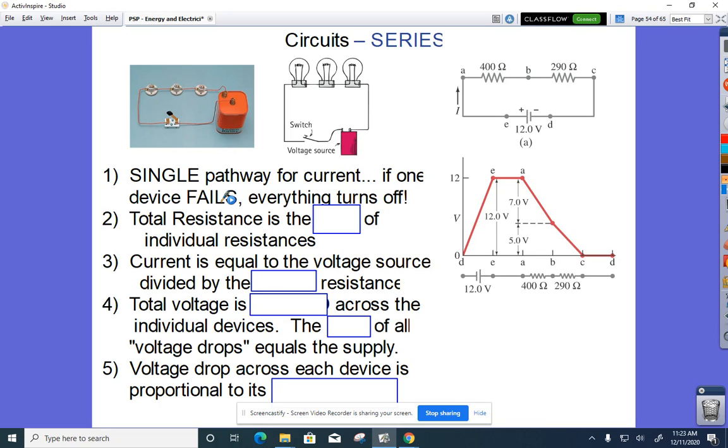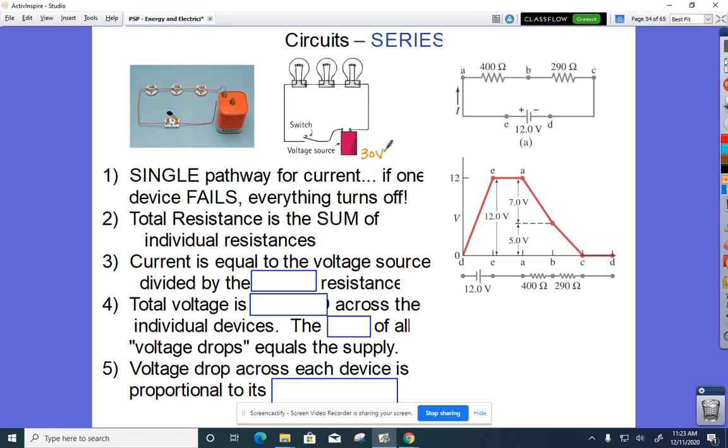Often those holiday lights are wired in series, and if one of those bulbs burns out, then the entire strand goes out as well. It's simply because all the current flows through each particular device. So the total resistance is the sum of the individual resistances. Let's add some of those numbers up here. Let's say that I have a 30-volt battery.